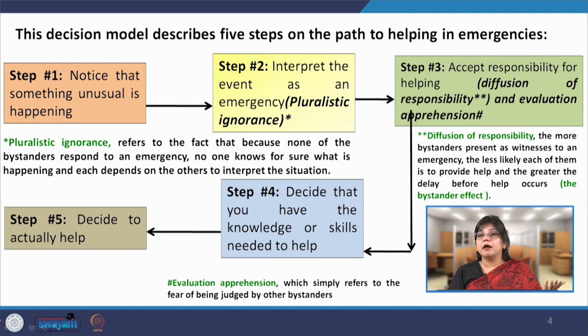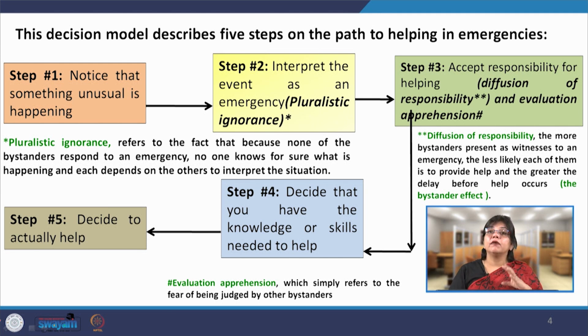So, this is how the model works in any emergency situation where helping is induced by an individual bystander's understanding. The first step is to notice something which is an emergency, engage in collecting information, and initially face pluralistic ignorance. Then comes accepting the responsibility, although it involves diffusion of responsibility and evaluation apprehension.